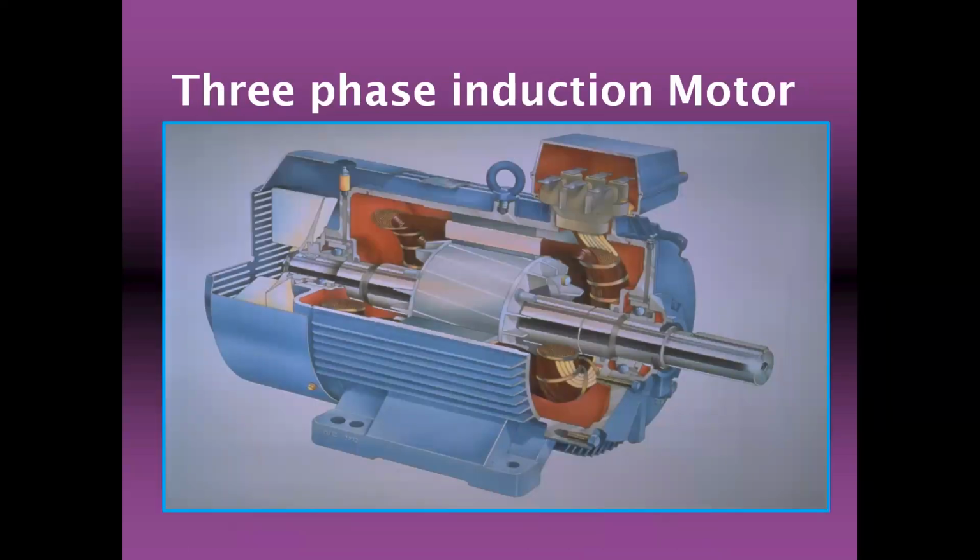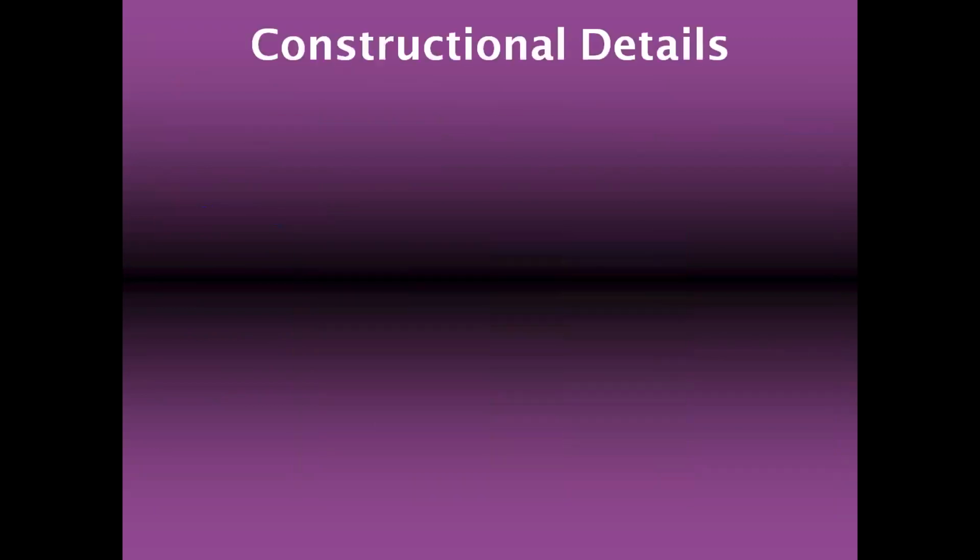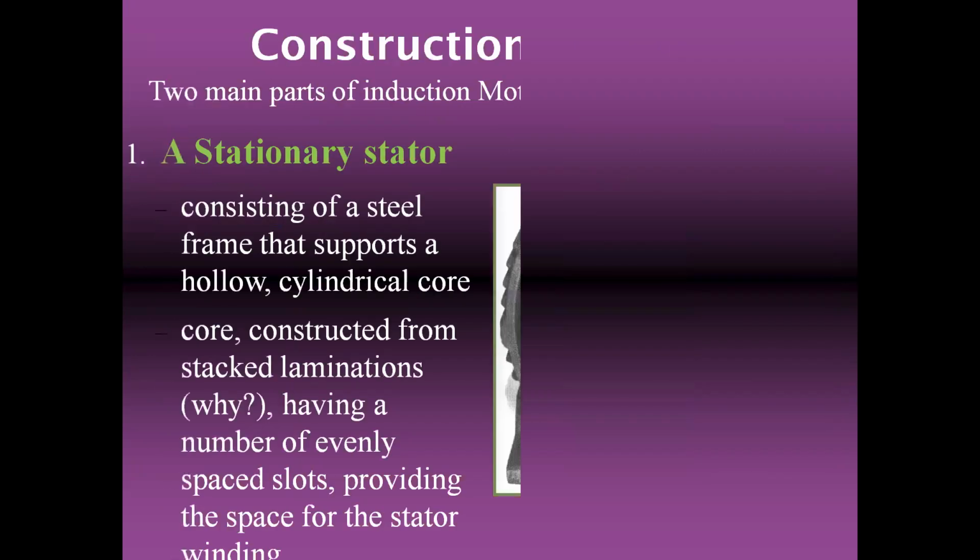This is the cut section view. This is the squirrel cage. Now another type is the slip ring induction motor. It has a winding in the rotor also. Now come to the construction of a three-phase induction motor.